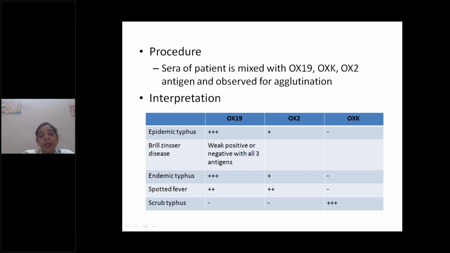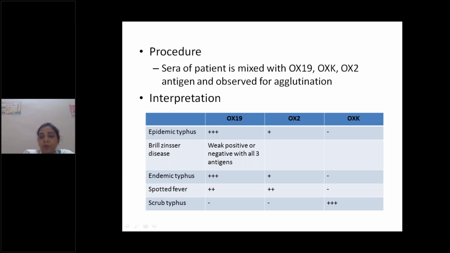In the case of endemic typhus, strong agglutination. So you have seen OX19 for both epidemic and endemic. All the reactions are the same. OX19, OX2, OXK. Then how can you differentiate between epidemic and endemic typhus? Your answer: Neill-Mooser reaction, an animal experimental test.